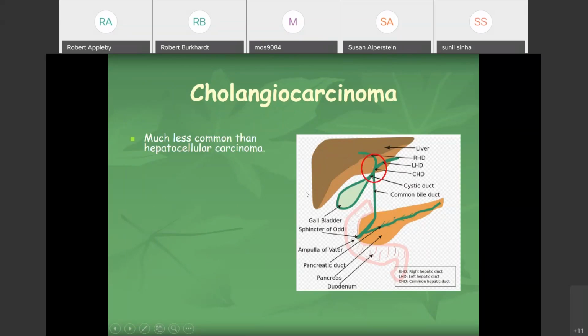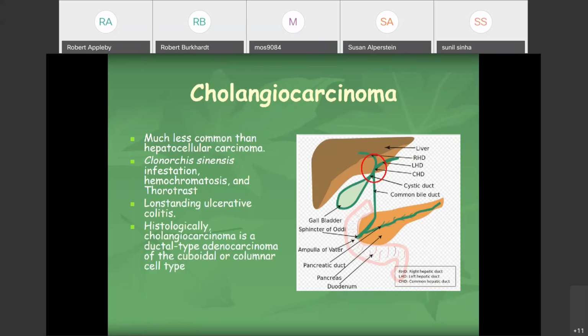Much less common than HCC, associated with clonorchis infestation, hemochromatosis, and thorotrast. Long-standing ulcerative colitis. Histology is ductal type adenocarcinoma of the cuboidal or columnar cell type, more fibroblastoma.